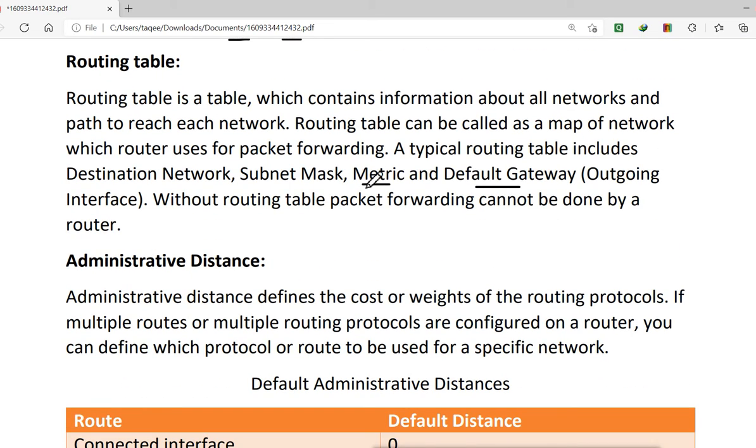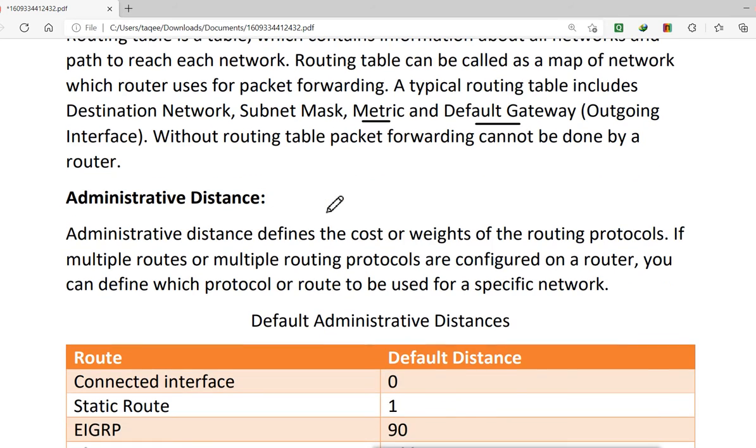Then we also have the metric depending on the routing protocols. Now without the routing table, packet forwarding cannot be done by a router. As I have explained, the router forwards the packet based on the routing table. Whatever entry it has in the routing table, based on that it forwards the packet. And if it does not have any routing information, then it will not forward the packet.